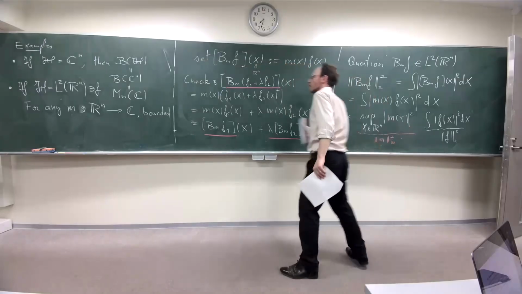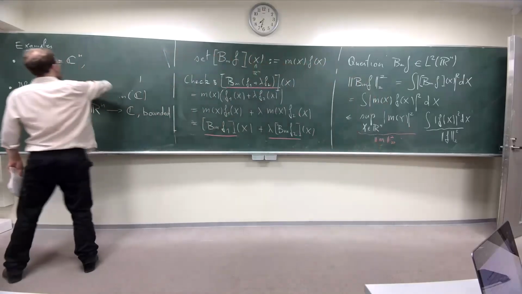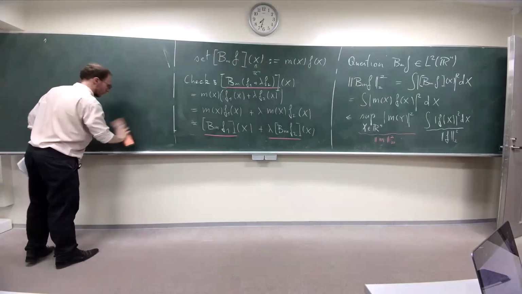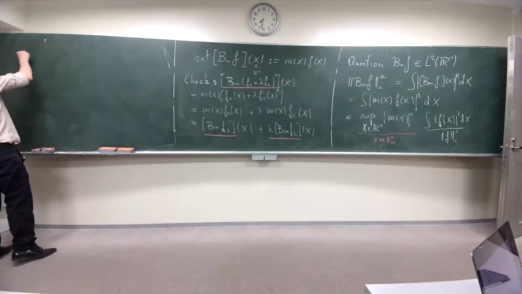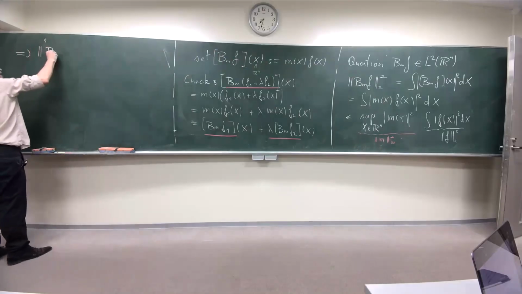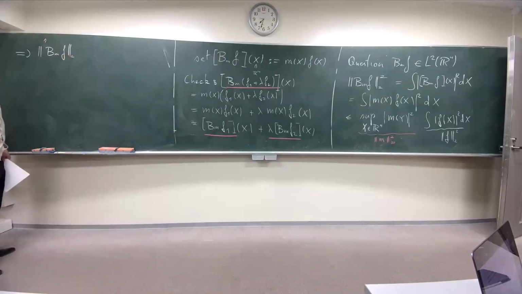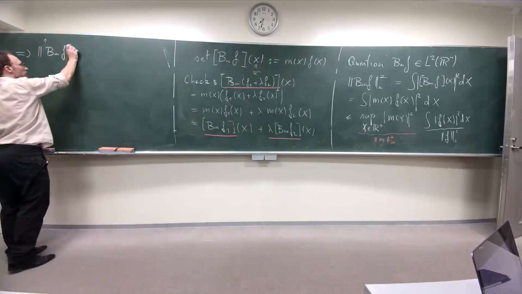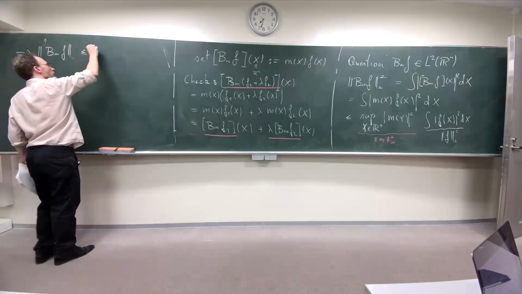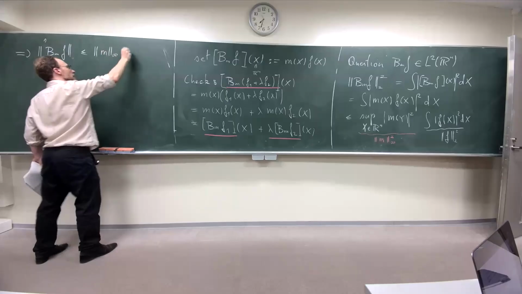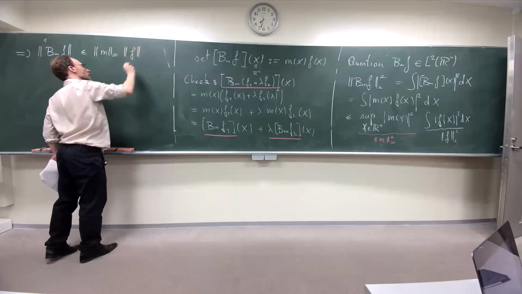So the conclusion is that we have obtained that the norm of B_M on f, the norm of the Hilbert space, is smaller than the norm of m infinity times the norm of f.